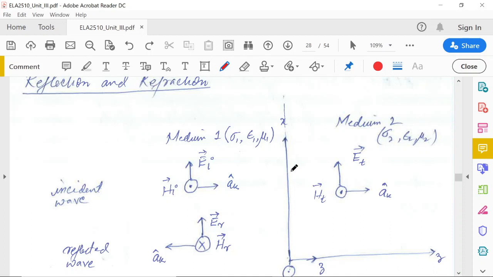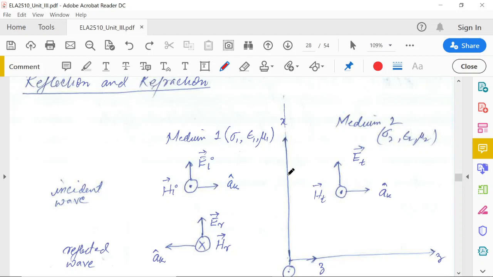Similarly, the tangential component of the magnetic field remains the same if the surface current density at this interface is 0. So here we have two dielectrics, so K is 0. Again we can assume that H1 and H2, the tangential components of the magnetic field, will remain the same. So the two tangential components, the electric field and the magnetic field, will both remain continuous here.